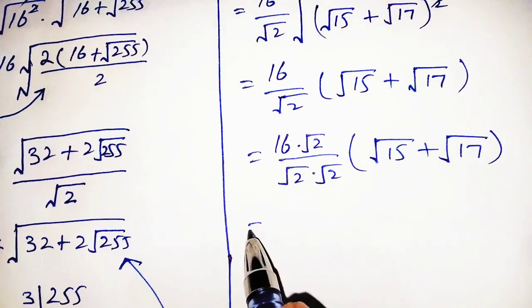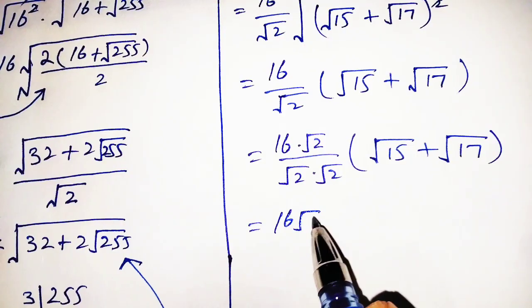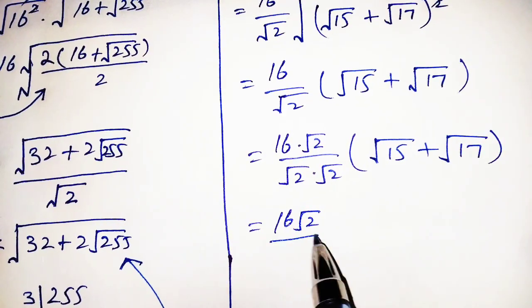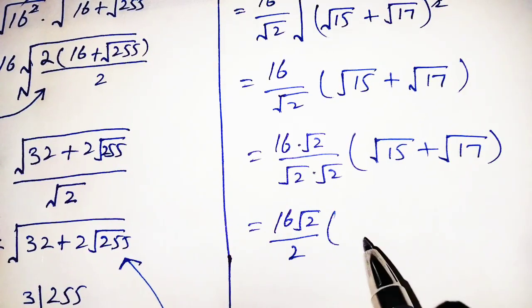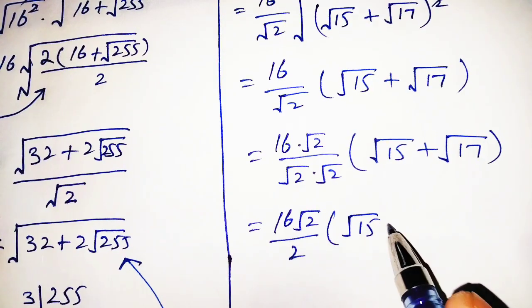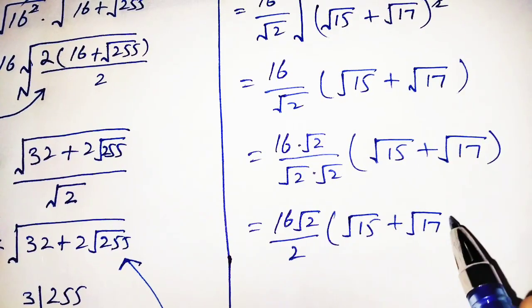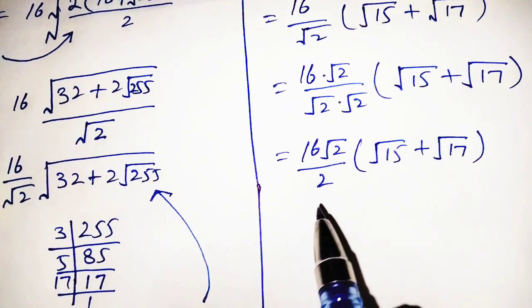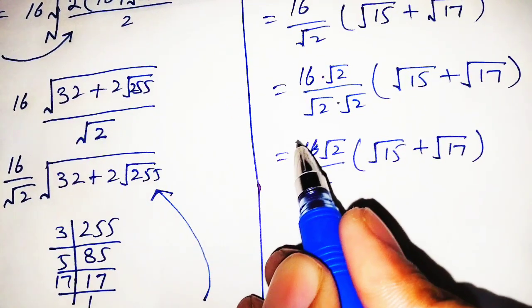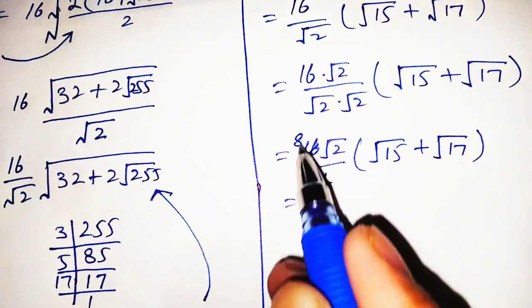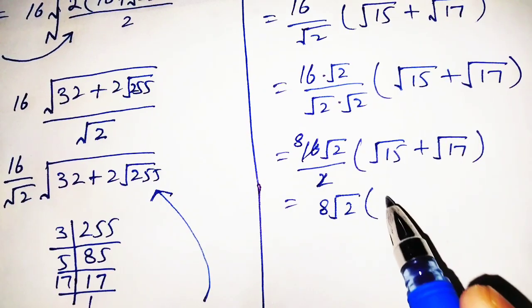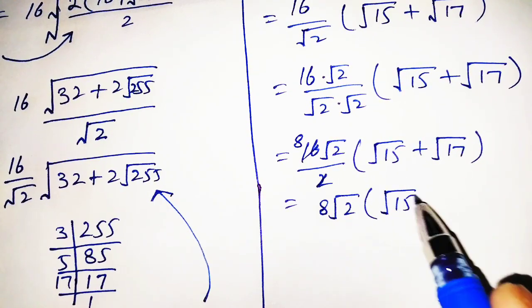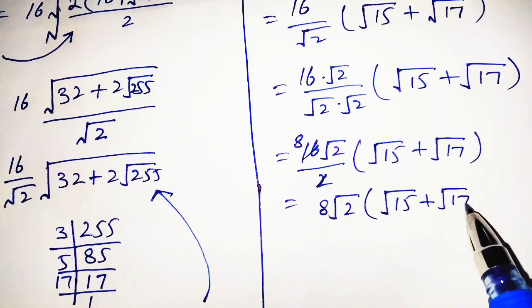Now this will become 16 square root of 2 and this square root 2 times square root 2 will become 2 times square root of 15 plus square root of 17. Now these two will cancel out with this 16 and we will get 8 times square root of 2 times square root of 15 plus square root of 17.